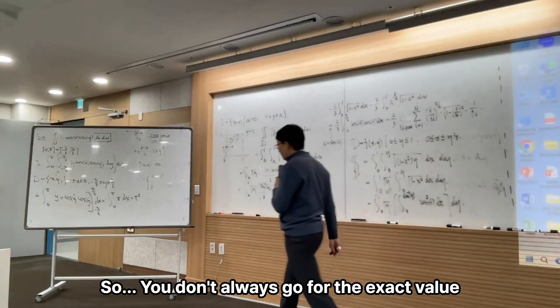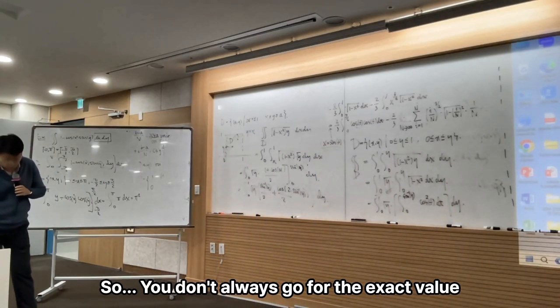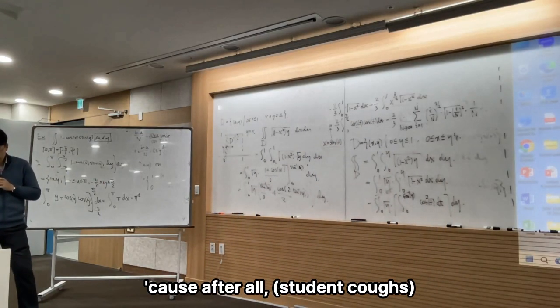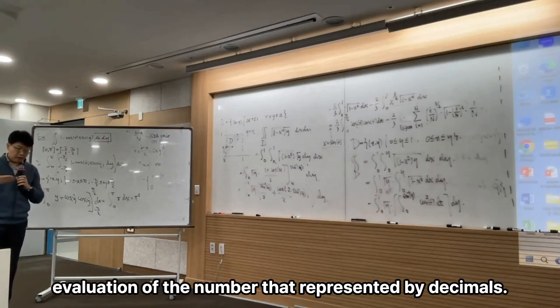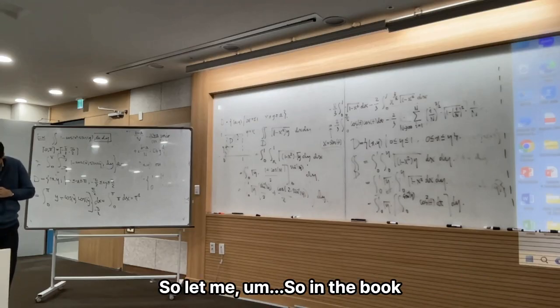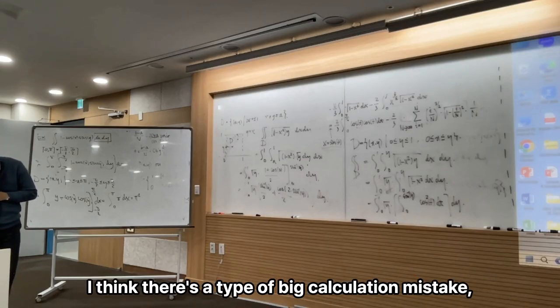You don't always go for the exact value, because after all, what you want is the number, the evaluation represented by the decimals. So in the book, I think there's a big calculation mistake.